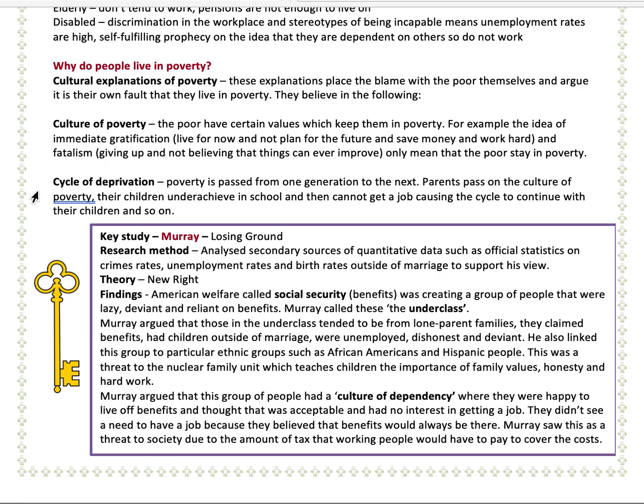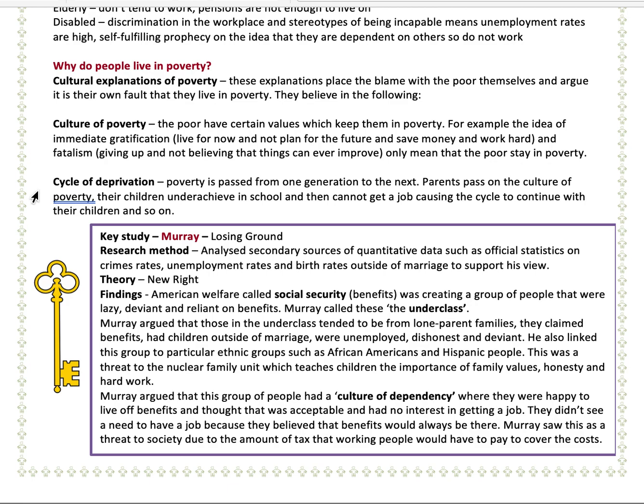So he said that divorce was causing an increase in crime and unemployment. He used quantitative data so he could establish a pattern or trend and identify those kinds of relationships. And he argued that they were causal relationships, so one caused the other.